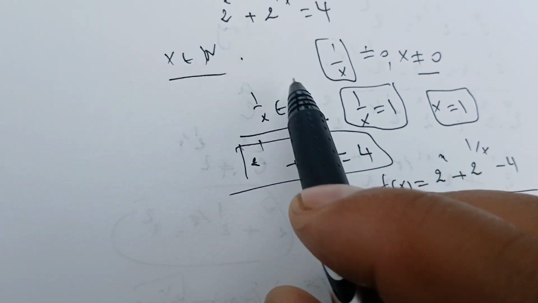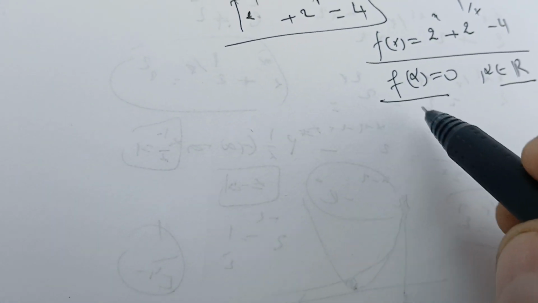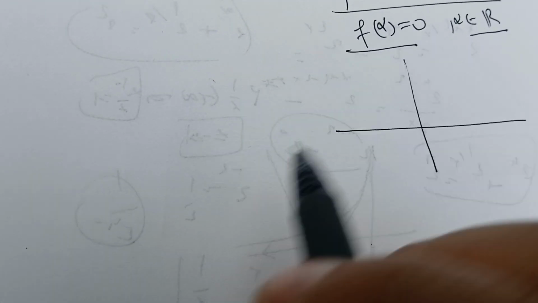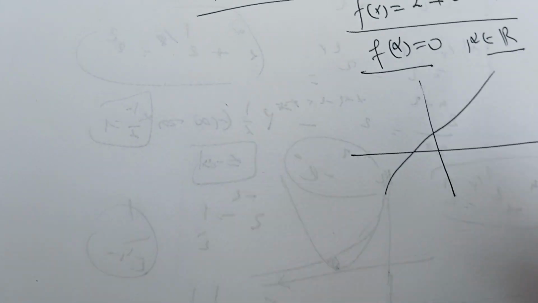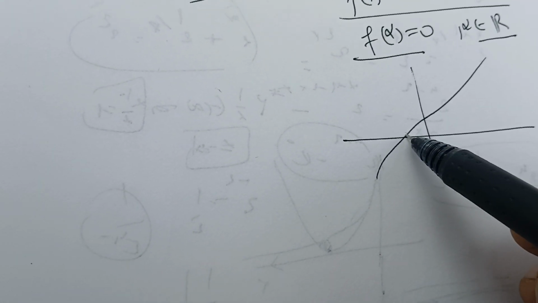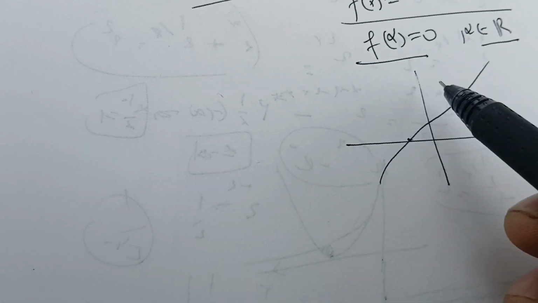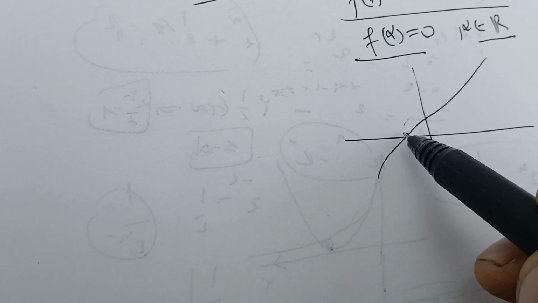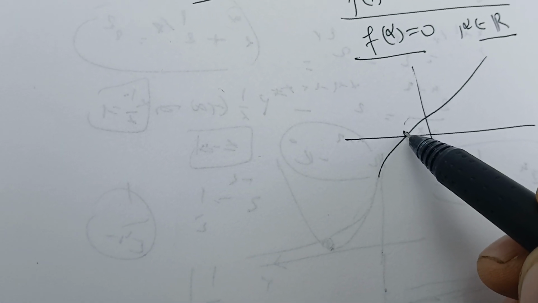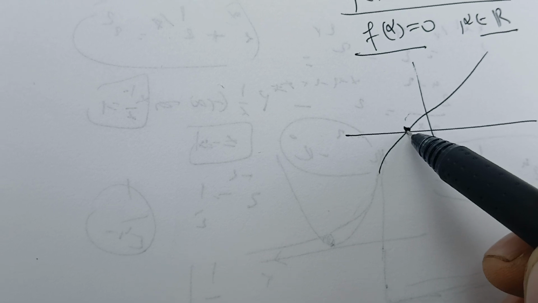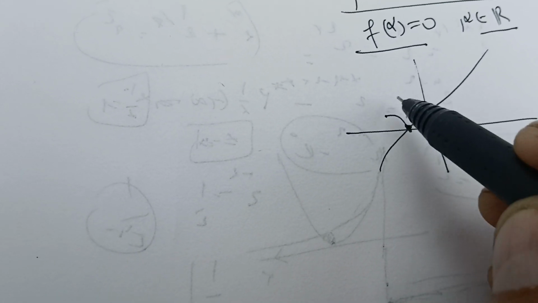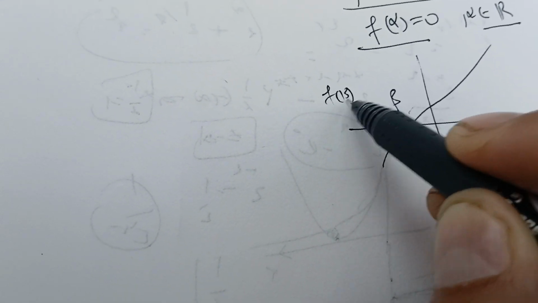So if we can graph the function and we see that it's increasing and it has a zero, let's say this is our beta, we have f of beta is 0.